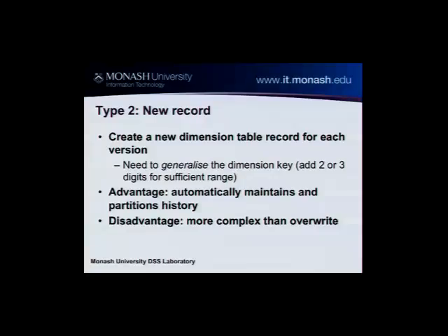Rather than simply overwriting that row of data in the table, we create a new row. So we've got the old row to keep the old data and a new row with the new data. Now, that means we need to change the primary key of the dimension table, because we probably want to keep the primary key that refers to the thing, so the customer ID or the product ID, but obviously we can't have duplicate primary keys, so we need to add in the version number as part of the primary key.